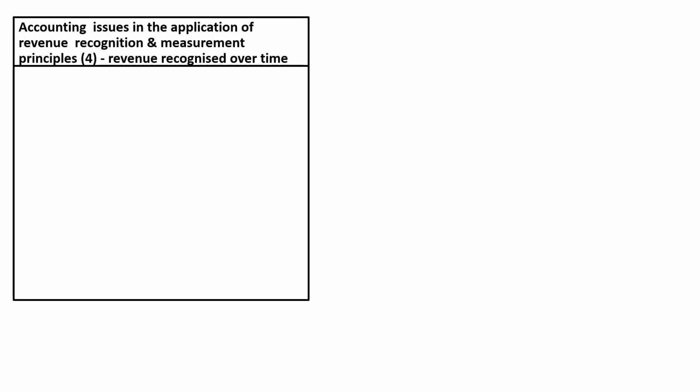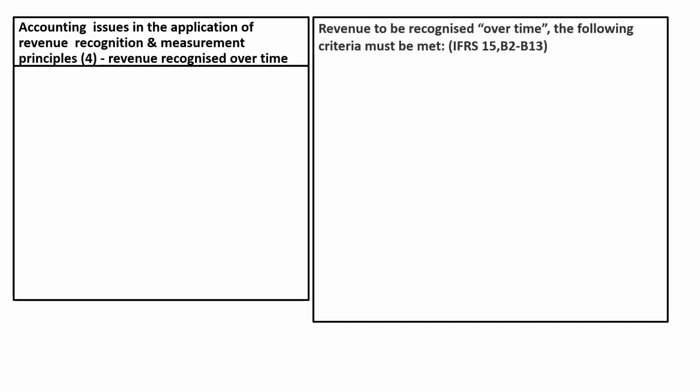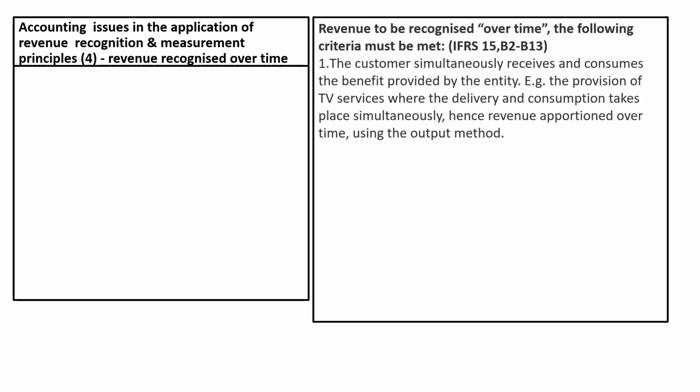The next accounting issue relates to revenue recognized over time. For revenue to be recognized over time, the following criteria must be met. First, the customer simultaneously receives and consumes the benefit provided by the entity.